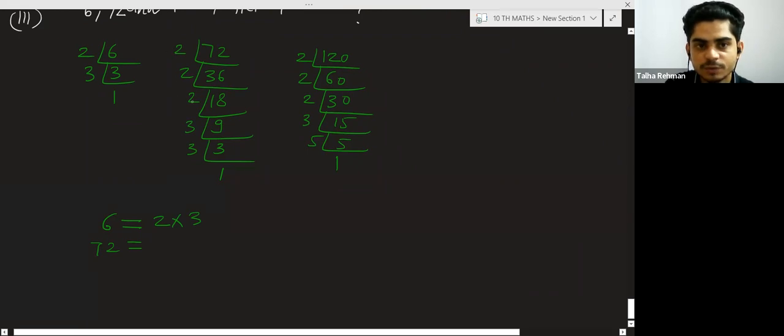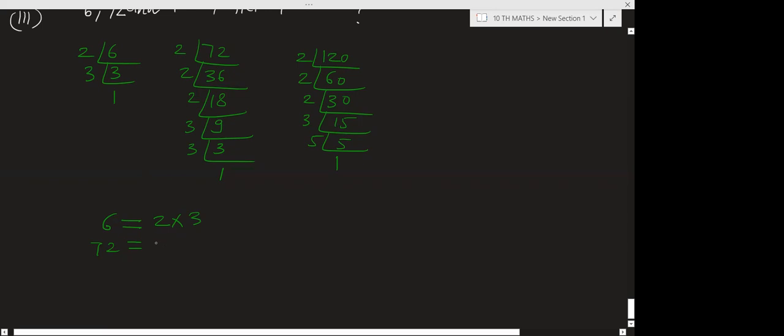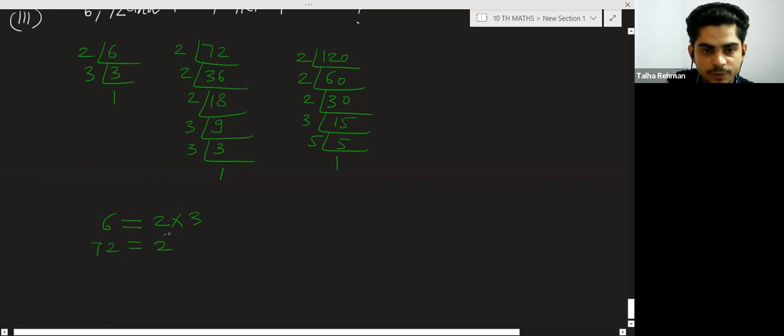Azaan, can I write 2 to the power 3 into 3 to the power 2? Yes, sir. Okay. For 120, I can write 2 to the power 3 into 3 into 5.